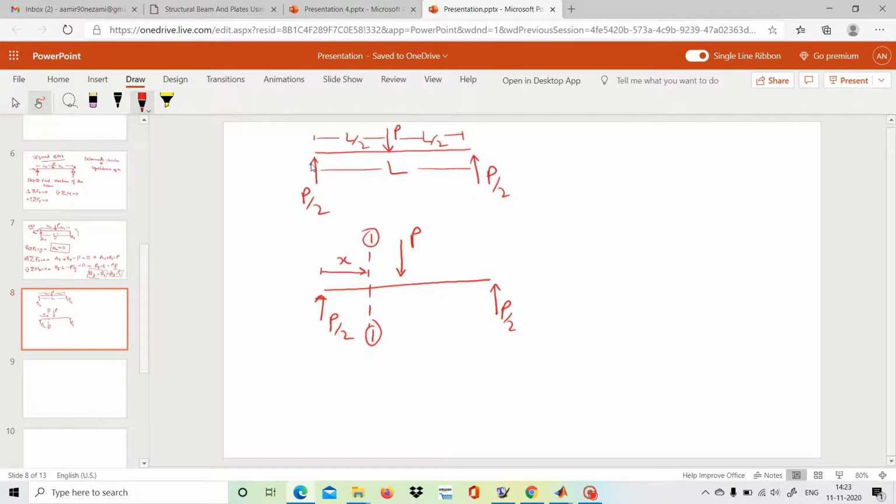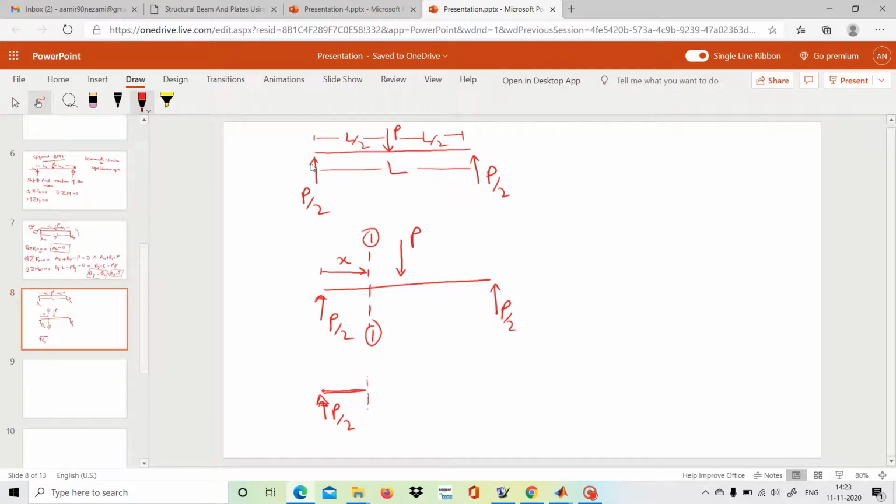If we cut this section and isolate the left side, which has P by 2 at this point, the section is cut here.